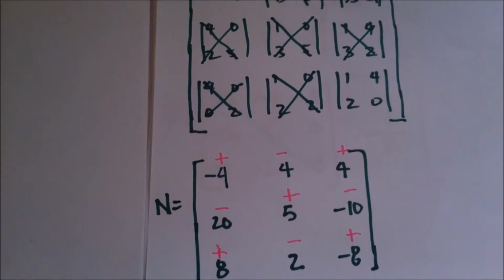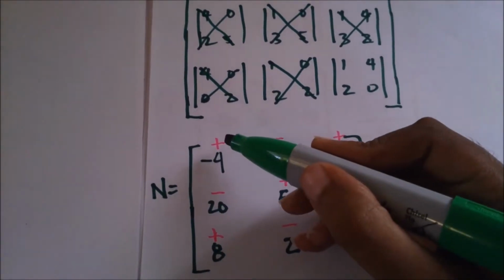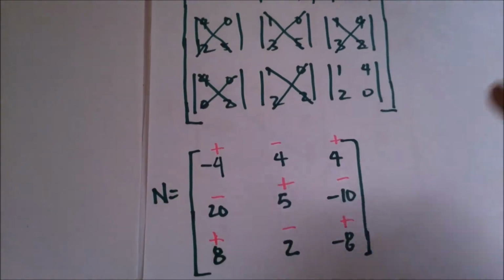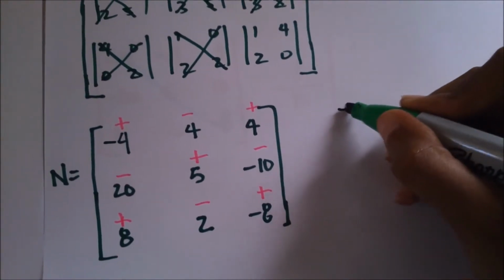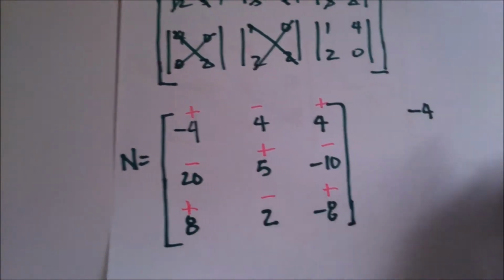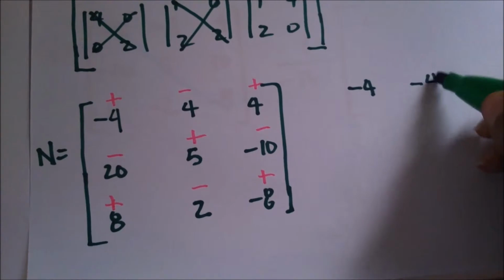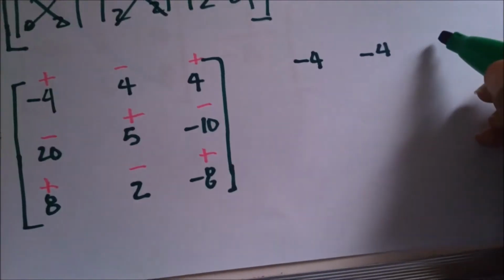So we have positive 1 multiplied by negative 4, which leaves us with a negative 4. A negative 1 multiplied by 4, we're left with negative 4. Positive 1 multiplied by positive 4, we're left with positive 4.